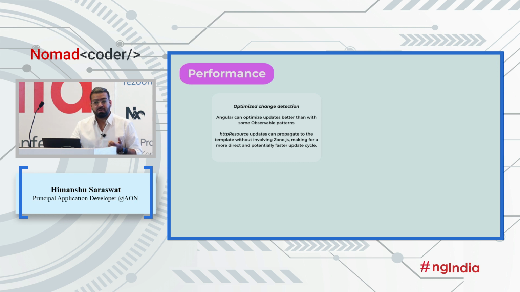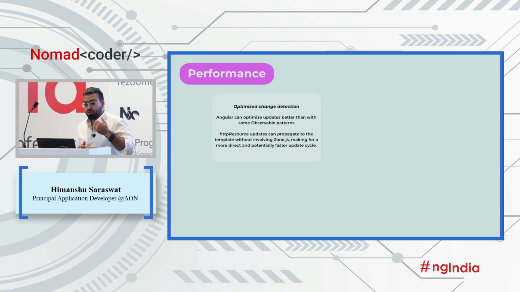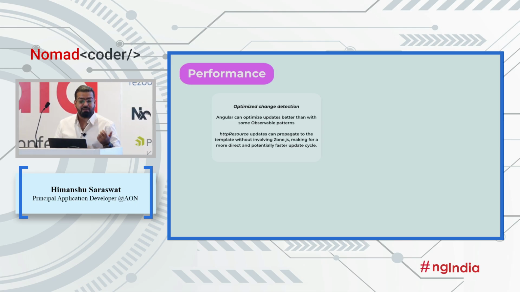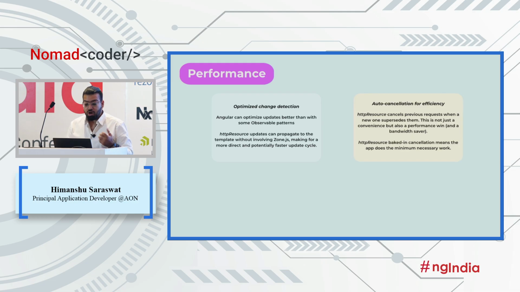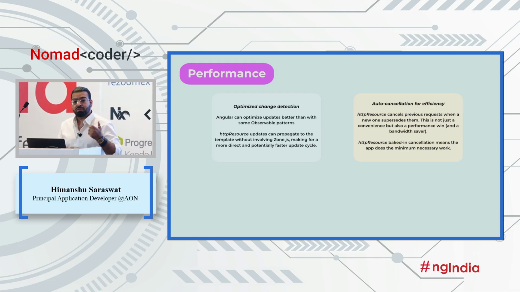Optimized change detection, right? Everything right now with the HTTP resource API is dependent upon signals. So even if you are using an application in zoneless mode, it goes for more direct and potentially faster update cycles. Auto cancellation for efficiency. We talked about this a couple of times.